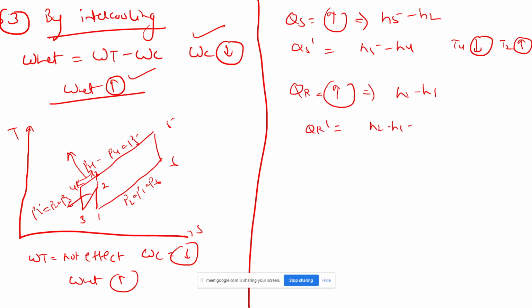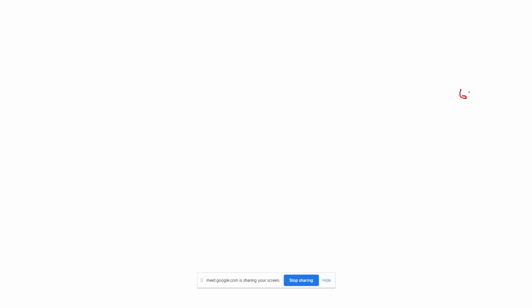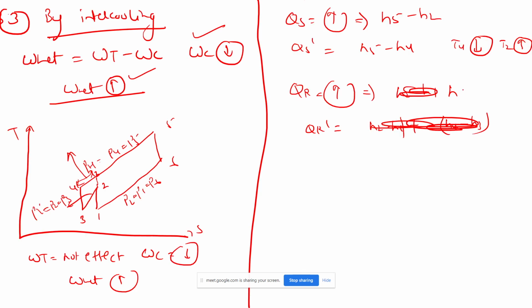H2 minus H1 plus H4 minus H3. No, wait, I have written it wrong. It is H6 minus H1 previously, and now it is H6 minus H1 plus H2 minus H3. So it will also increase.